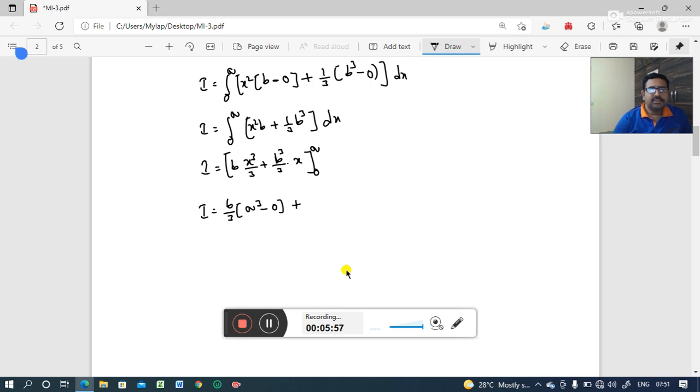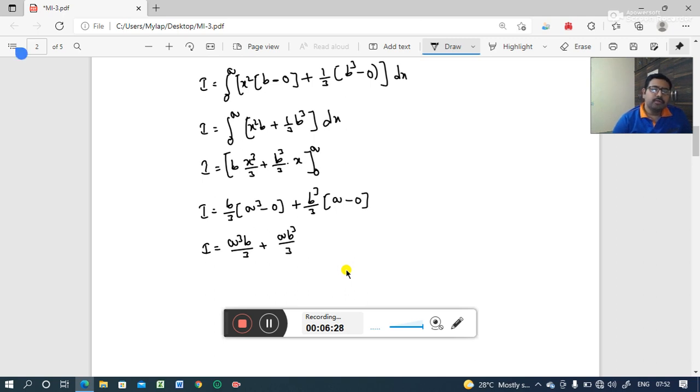Plus in the second term b cube by 3 is constant, in place of x you write the upper limit a, minus the lower limit, which gives 0. So finally if you simplify, a cube b divided by 3 plus a b cube divided by 3.